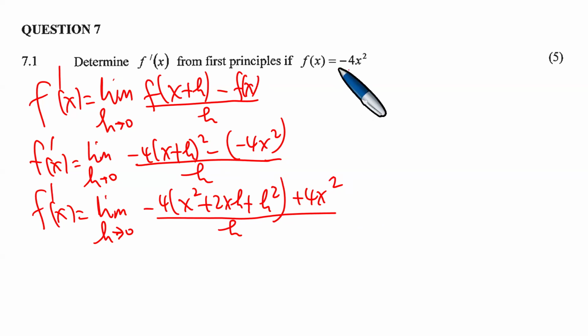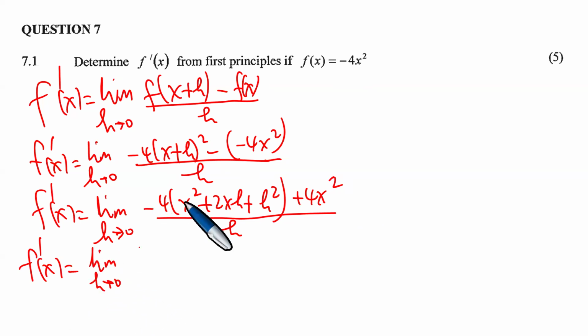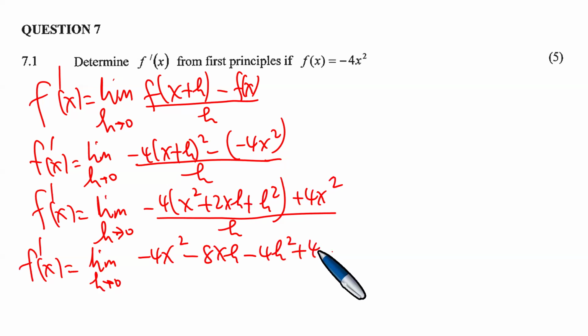So f prime of x is the limit as h approaches 0, and we distribute: minus 4x squared minus 8xh minus 4h squared plus 4x squared, all divided by h.